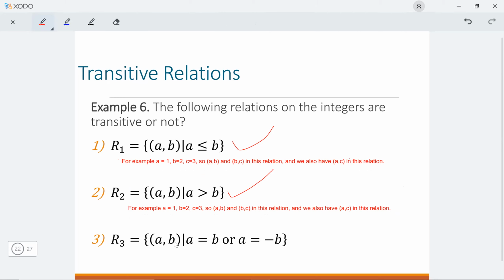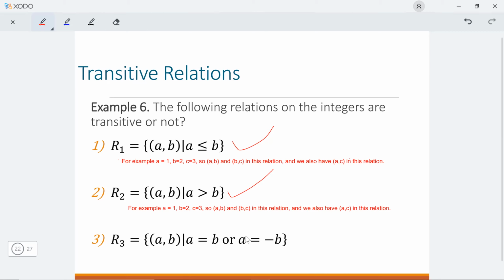If we have AB in this relation, it means one case is A equal B, and the other is A equal negative B. If we have A equal B and BC in this relation R3, then because A's value and B's value are the same, of course our AC should also be in this relation.